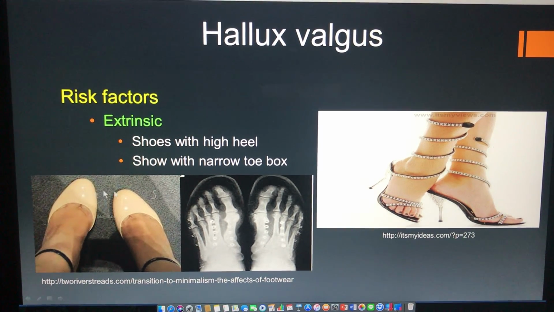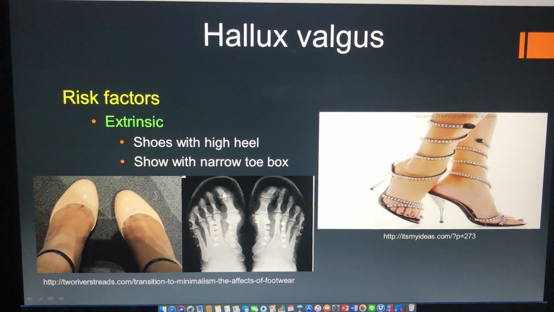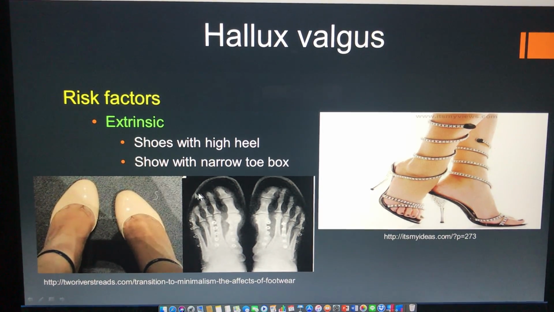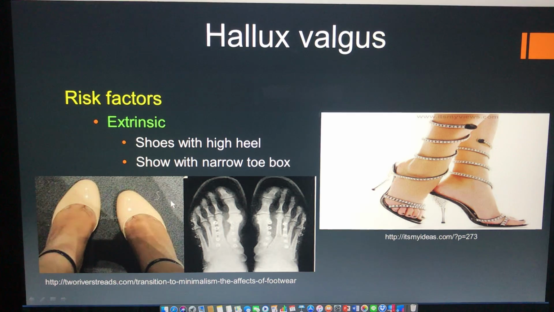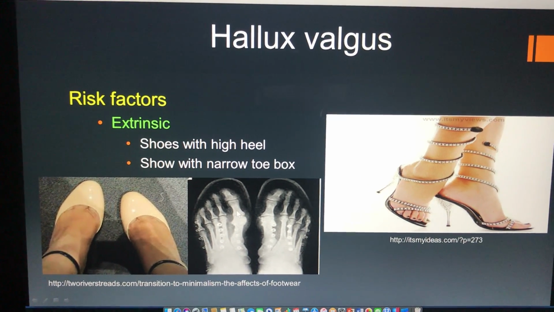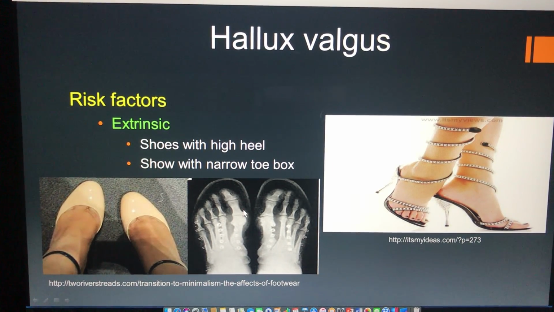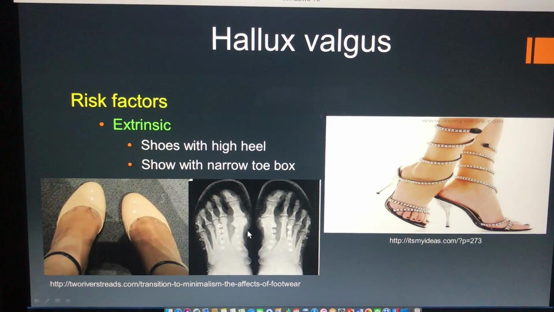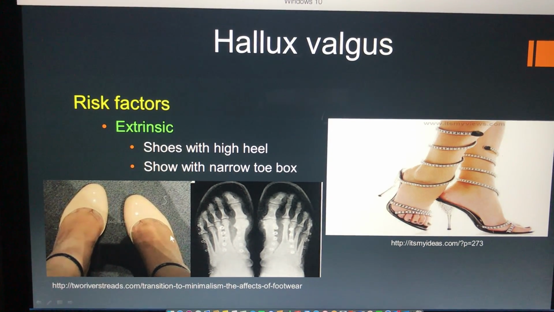Look at the x-ray, you can see the bone deviate to the lateral side because the shoe was molding that foot to deviate that way. If you use a narrow toe box for many years, the ligament on the inner part, the medial collateral ligament, becomes insufficient, and then they will develop Hallux valgus.